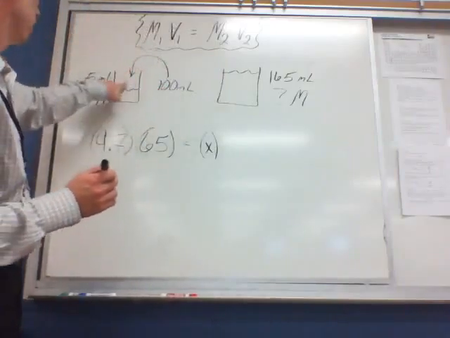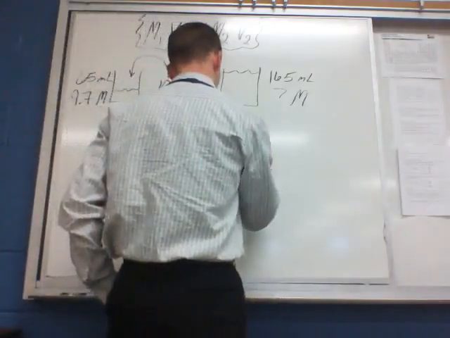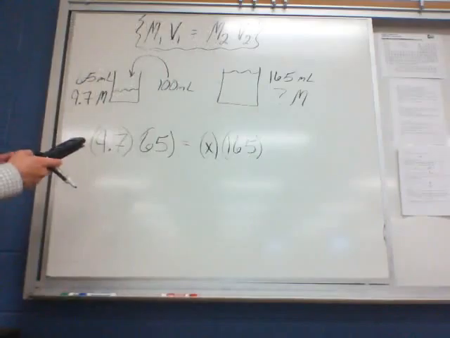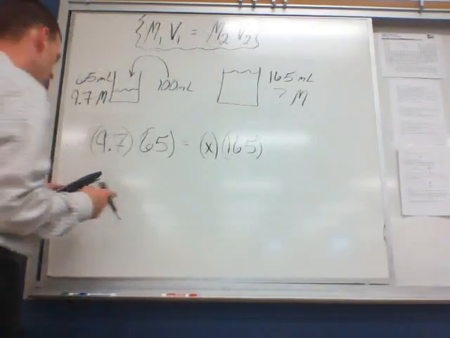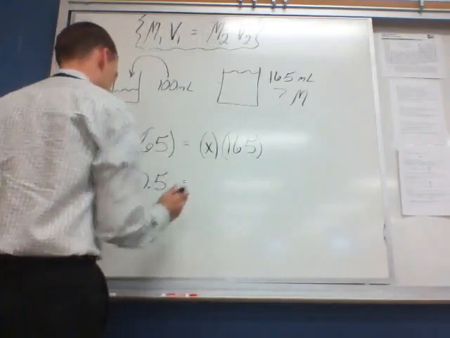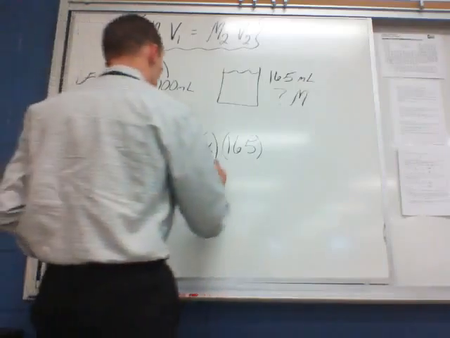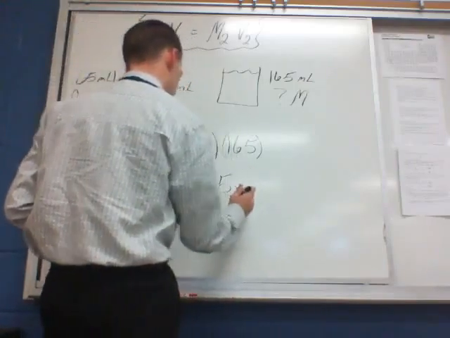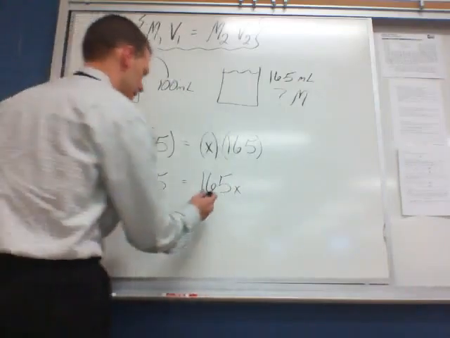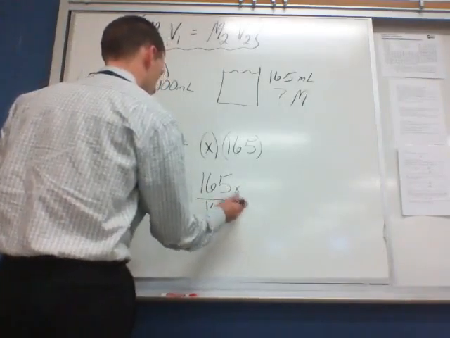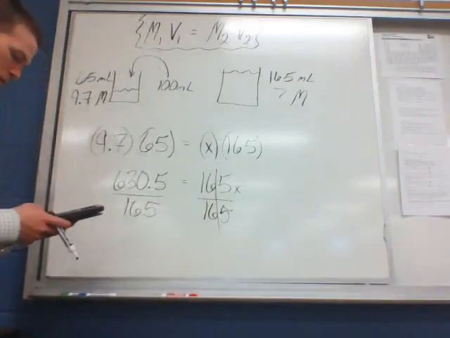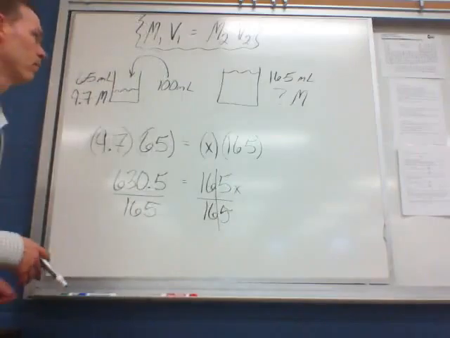And after I added my 100 mils to my beaker, my ending volume was 165. 9.7 times 65 is 630.5. 165 times x is 165x. Stop me if anything doesn't match your work. Divide by the number connected to the x. Did you get 3.82?